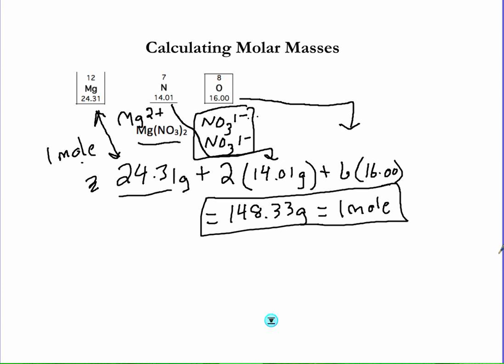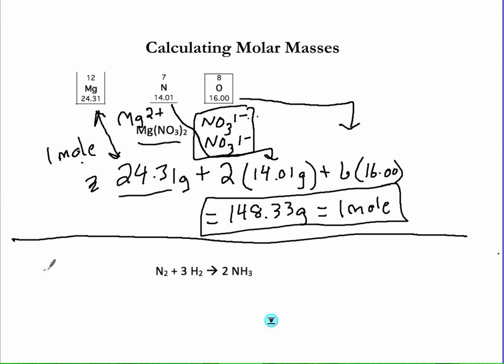The next thing we're going to look at here is what you would do if you had an equation. So here's an example of a balanced equation, and we're going to take this equation and deal with it in terms of molar masses. So just to separate out the two kinds of problems that we have here.